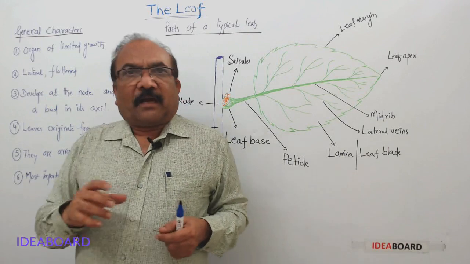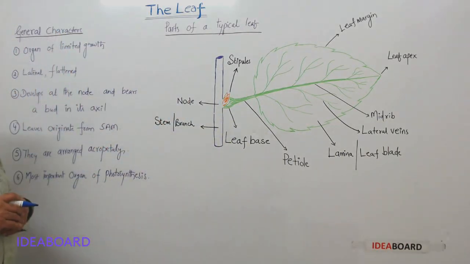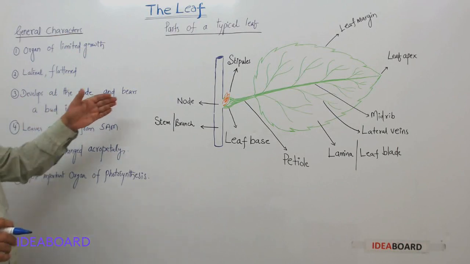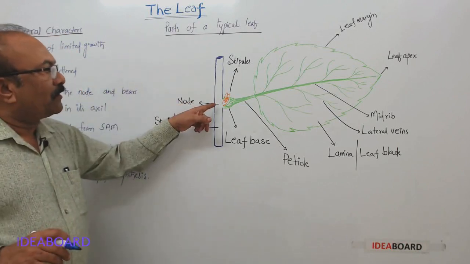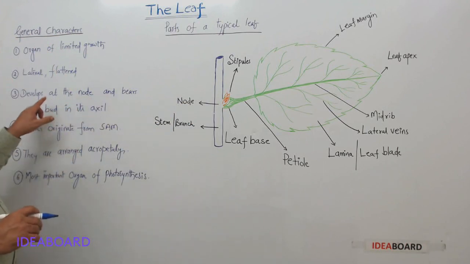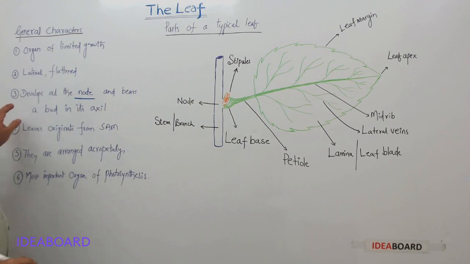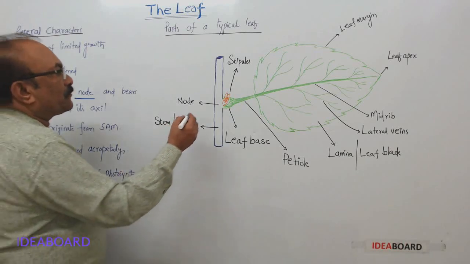And the third character is where they develop. You can look at the diagram. They develop at a particular place which is called the node, and bear a bud in their axil.